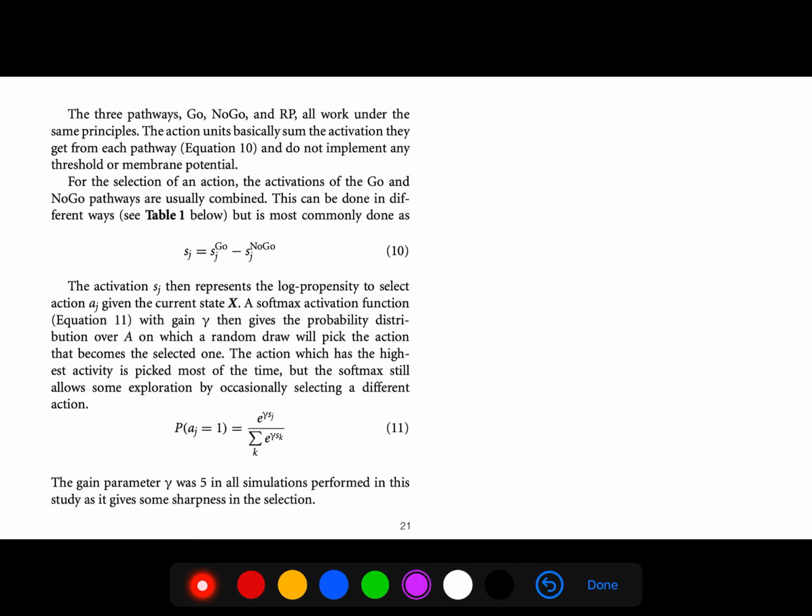What is important is that for a selection of an action, the actions of the go and no-go pathway are usually combined. This can be done in different ways. The activation S_j represents the log propensity to select the action A_j given the current state X. And a softmax activation function with gain gamma then gives the probability distribution over A, on which a random draw will pick the action that becomes the selected one.